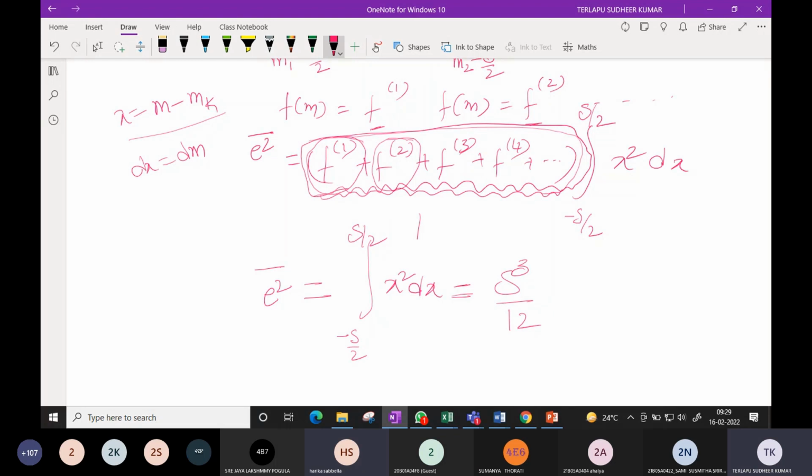But here, I think this f1 plus f2 plus f3 plus f4, this is the probability density function.